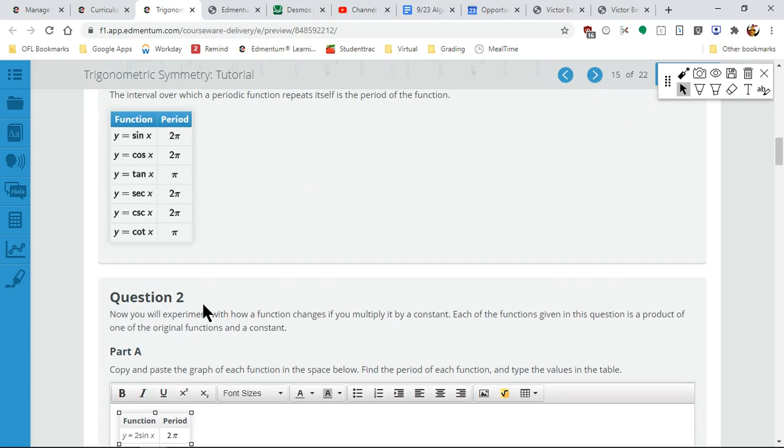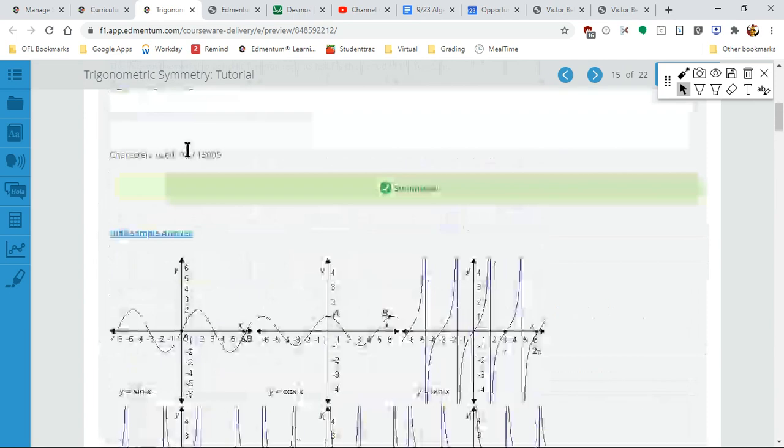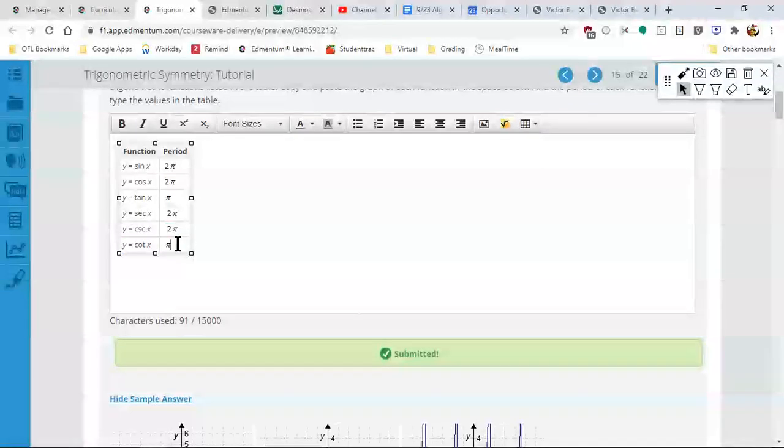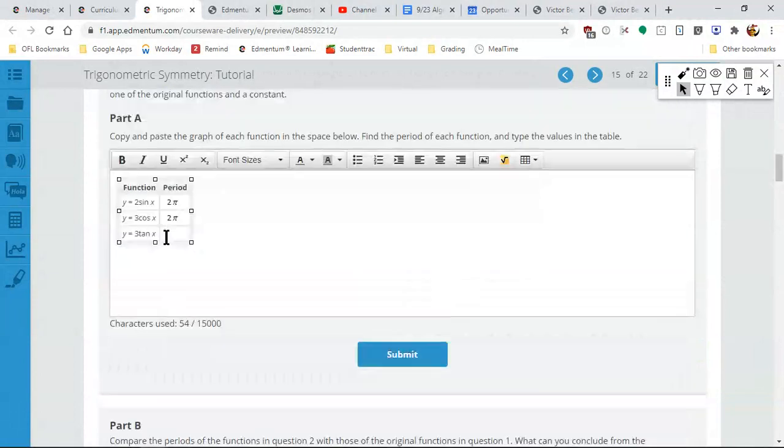And this one, well, tangent was pi. So I have a feeling it's still pi, but give me a second here. Let me copy this down. We know it's still going to be pi because we're just changing the amplitude, but let's see how it changes. 3 tangent of x.